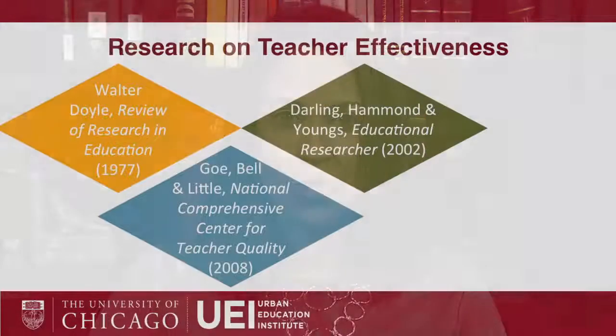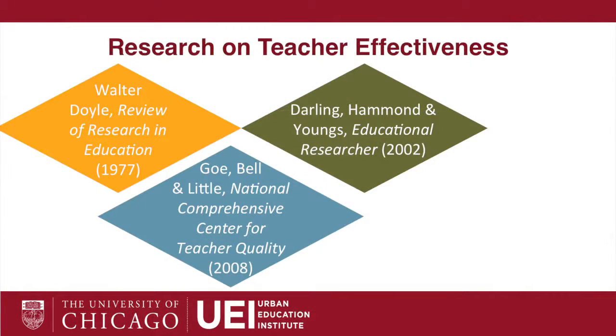The other two pieces, Darling-Hammond and Young's piece and the Goe et al. piece, give you a more contemporary view. They provide a summary of many other studies and arrange them thematically according to the findings. This will help you understand the field in more detail, since I'm giving you just a very cursory summary.